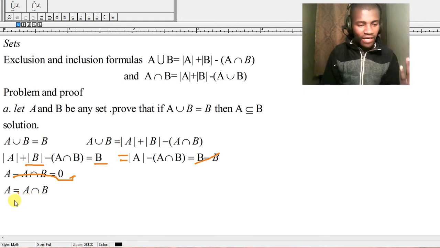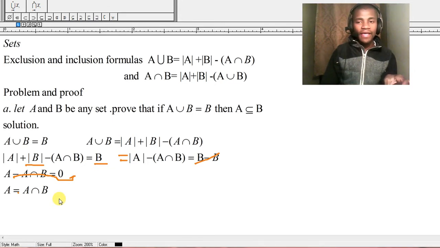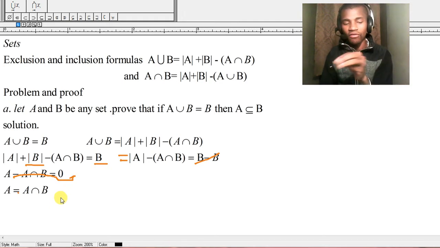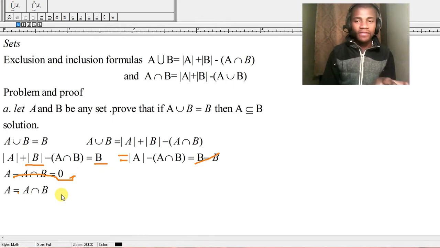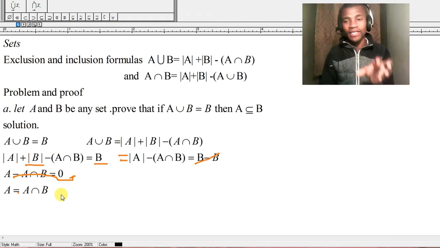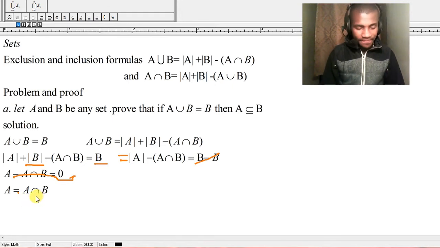This is the final answer, and hence A is equal to A intersection B. Then this means A is a subset of B. So if you are saying A is equal to A intersection B, it means A is the smaller part of B, because A itself is already equal to A intersection B, meaning A is the smaller part of the bigger portion, which is B.